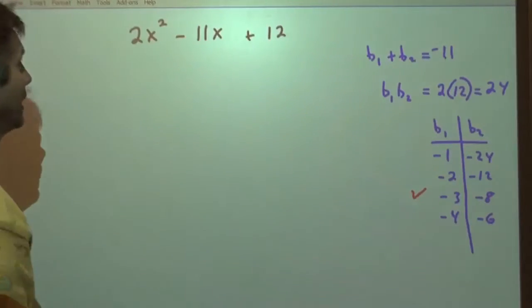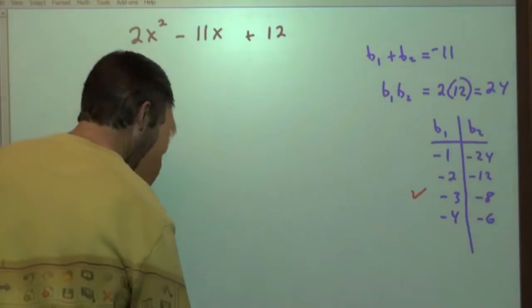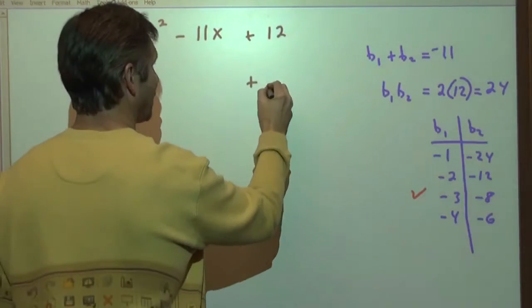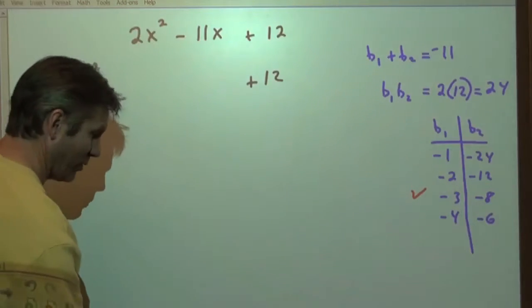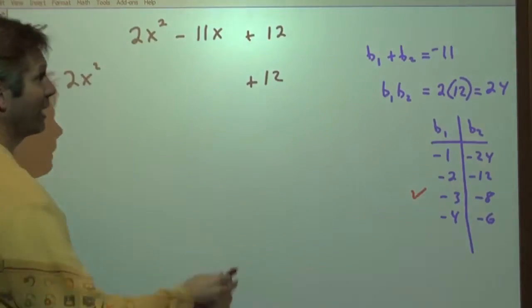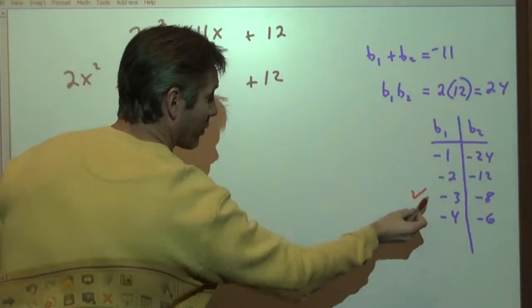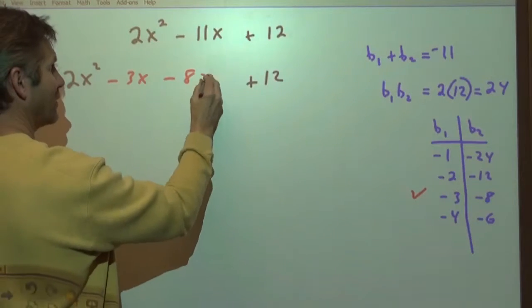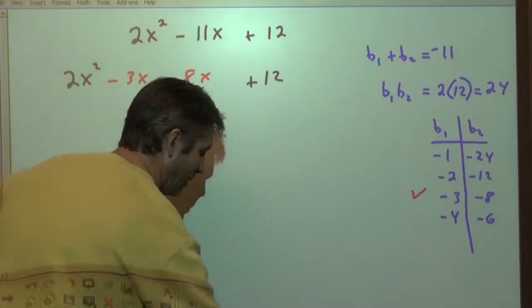Answer, these puppies right here. So, we're going to rewrite this trinomial. We're going to leave the quadratic term alone. We're going to leave the constant term alone. And we're going to replace this linear term with the sum of two linear terms, negative 3x minus 8x plus 12.